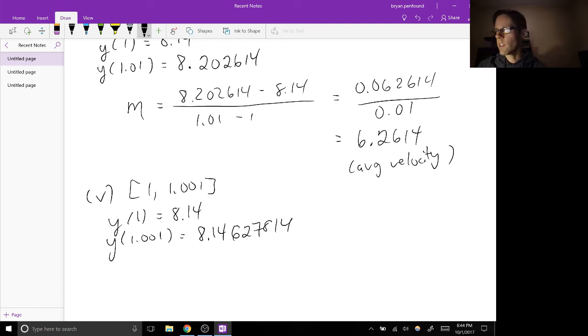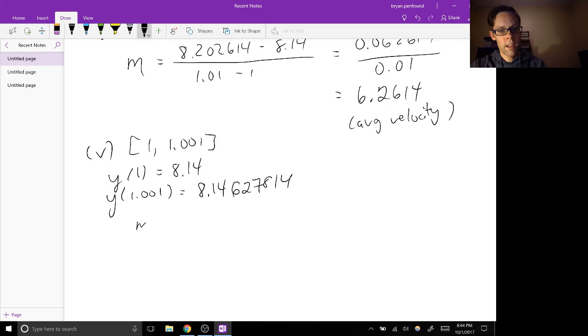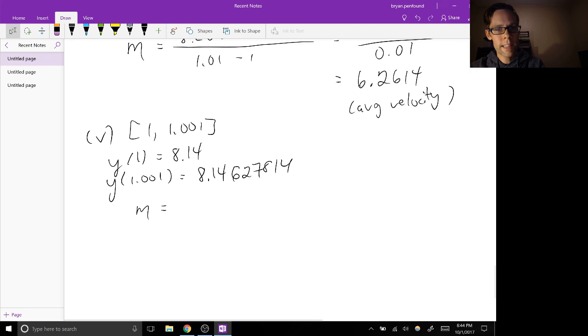I get this particular decimal number. Let's find the secant slope one last time.